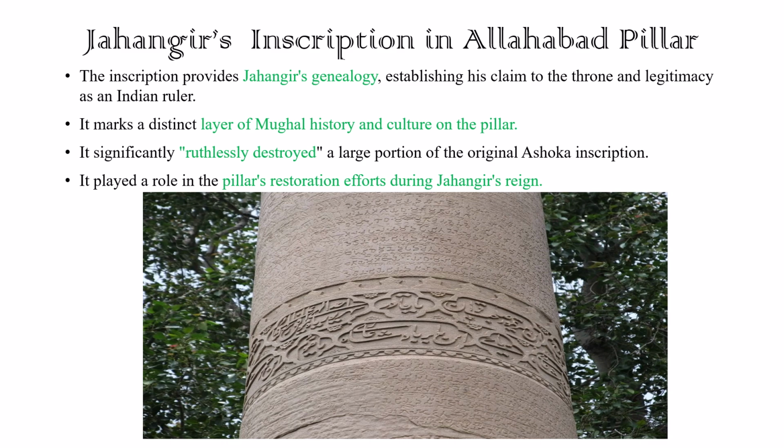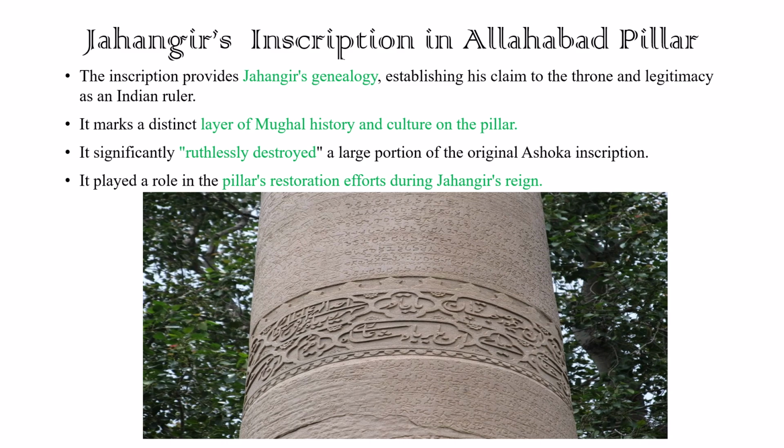Now we see the last inscription of the Allahabad pillar, which was carved by Jahangir. The inscription provides Jahangir's genealogy, establishing his claim to the throne and legitimacy as an Indian ruler, which makes a distinct layer of Mughal history and culture on the pillar.